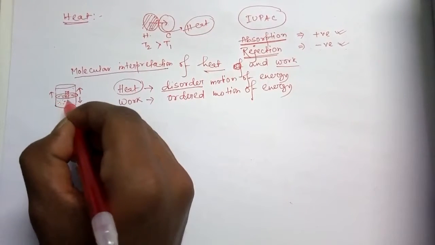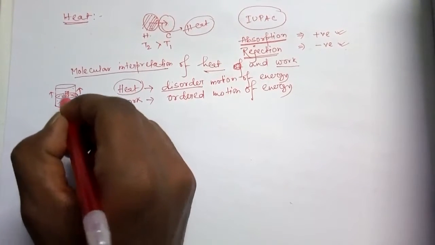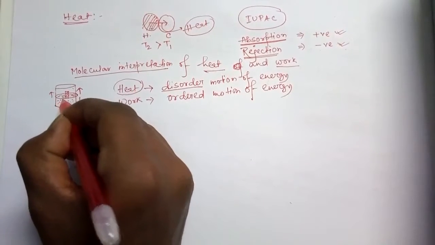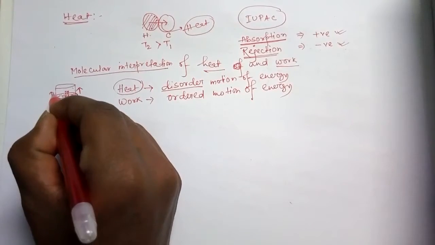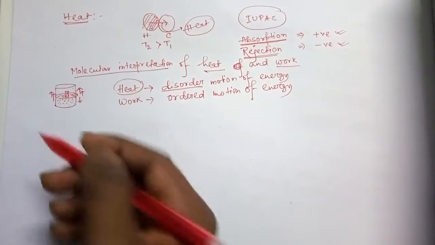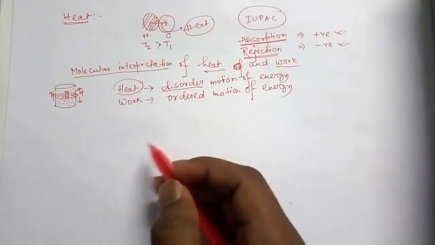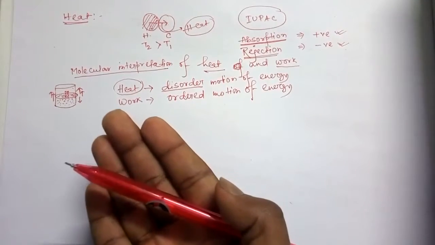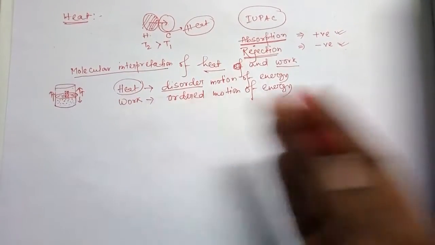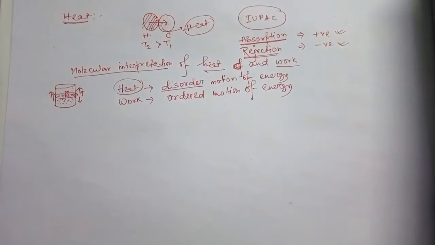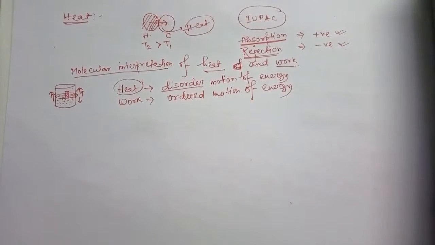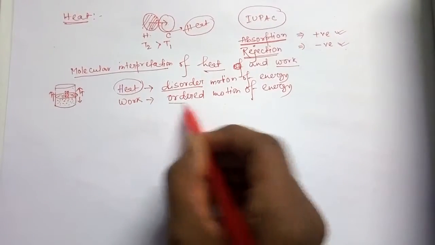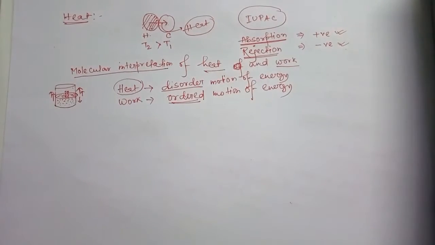If we consider only the ideal gas as the system, all the molecules of the ideal gas are going in an ordered way, not a zigzag way. That means in compression or expansion work, there is an ordered movement of the molecules, right?